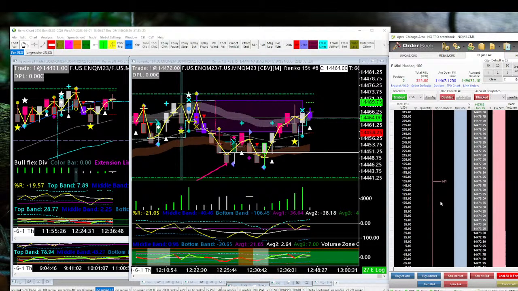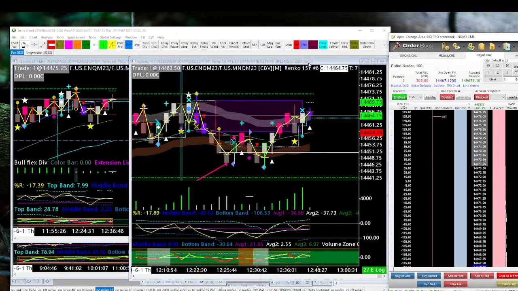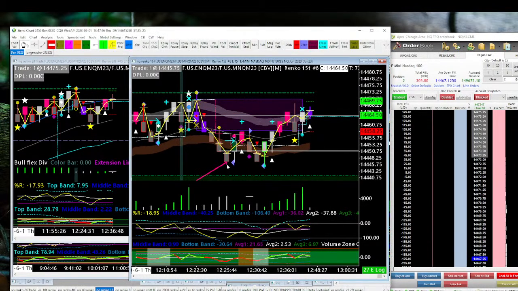Oh, they might take it. But again, no bear bar, got a volume dash underneath a pink bar. And it's bullish. So reasonably good chance it goes higher.